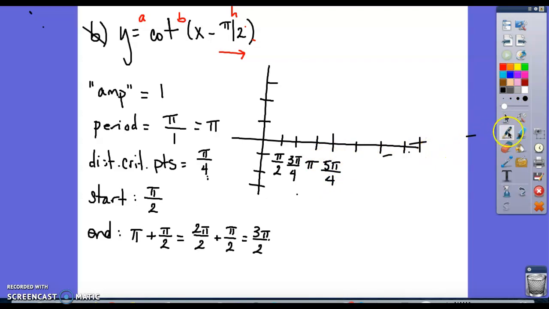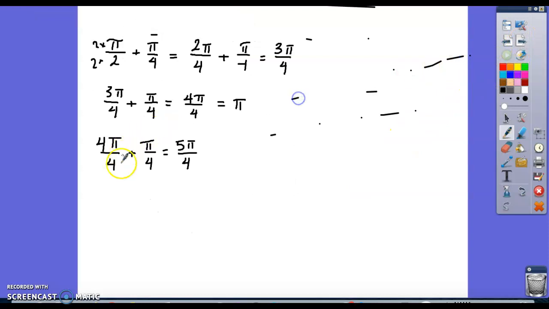Okay, my next one should be the end of the period, which should be 3 pi over 2. Okay, but let's check. So I have 5 pi over 4 plus pi over 4 is 6 pi over 4, which is 3 pi over 2.